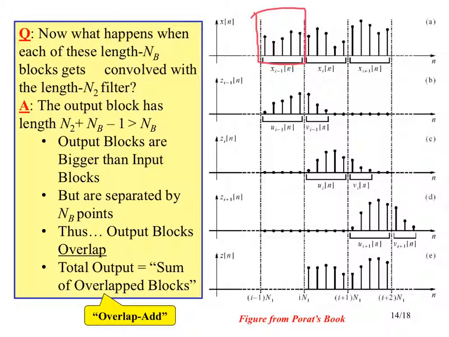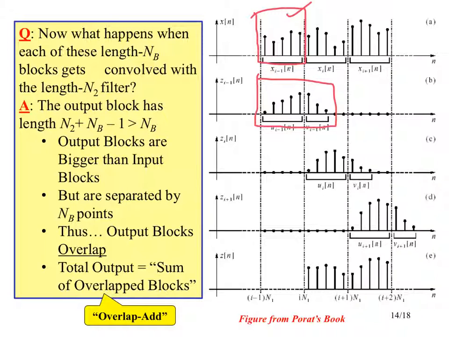Well, we know that linear convolution will expand the length of the input signal. So in our example here, our input block is 5 samples and the corresponding output block looks like this. Now we're assuming it's a causal filter that has a non-zero output immediately when the first non-zero input comes.